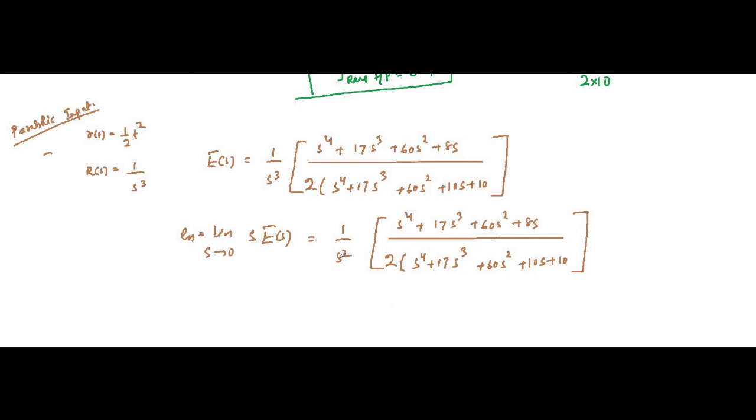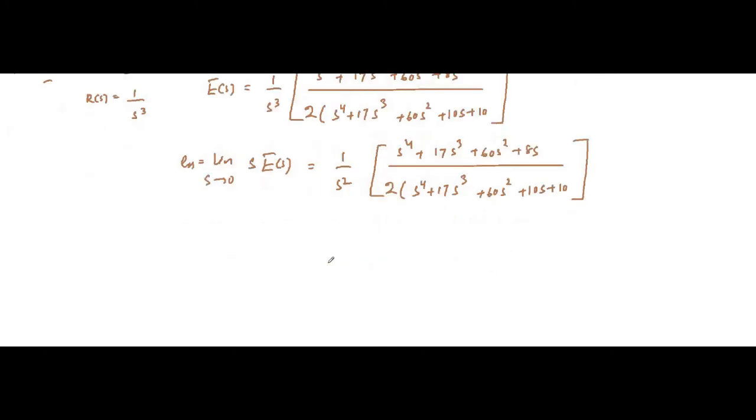Then this 1 by s square will get divided throughout the numerator, and that will give us (s square plus 17s plus 60 plus 8 by s) by 2 into (s4 plus 17s cube plus 60s square plus 10s plus 10).